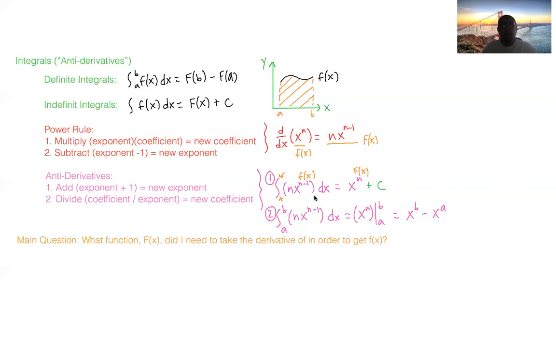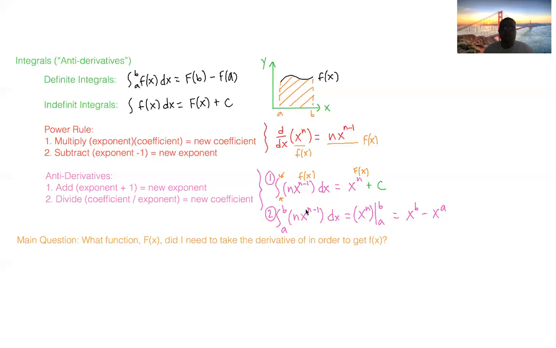We know that n x raised to the n minus 1 came from taking the derivative of x to the n. Since there's no interval given and this is an indefinite integral, you're going to tack on some constant, plus c, to your final answer, okay?